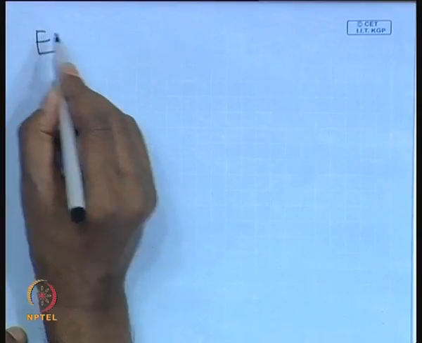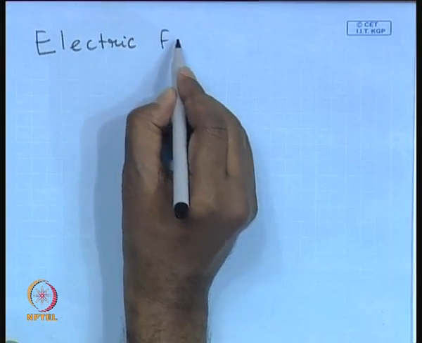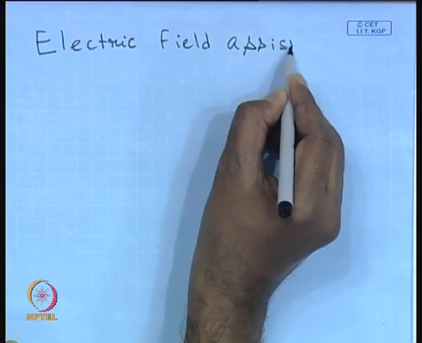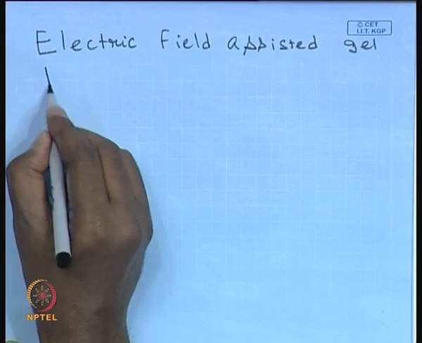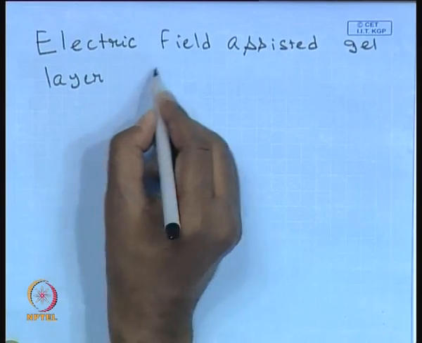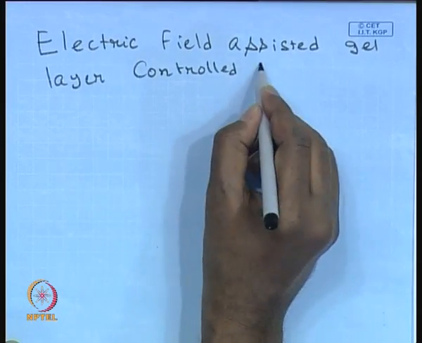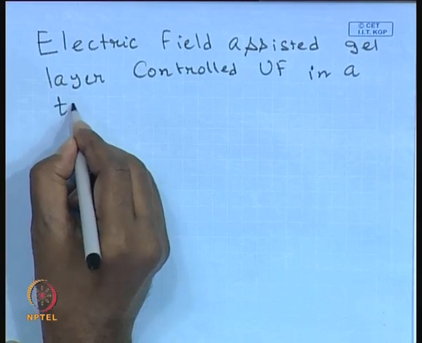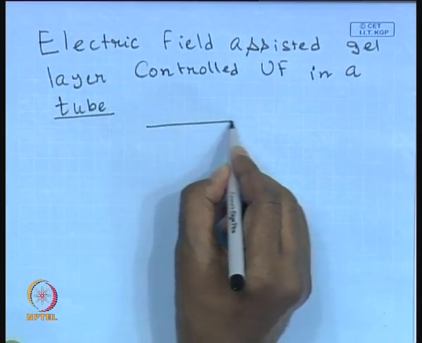So, the problem that we are going to solve is electric field assisted GLR controlled ultrafiltration in a tube.